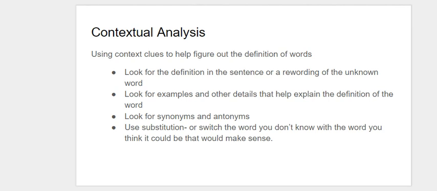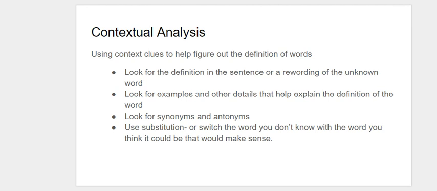You could also look for synonyms and antonyms, and we know that synonyms are words that mean the same thing as the word, and antonyms are words that mean the opposite of a word. So if we were to use the word kind, you would say the boy was very nice and kind to the dog.